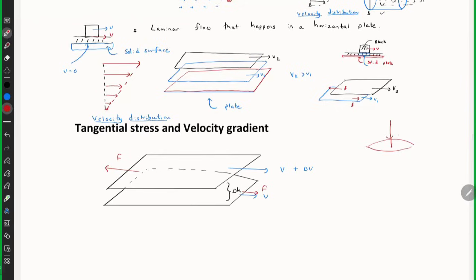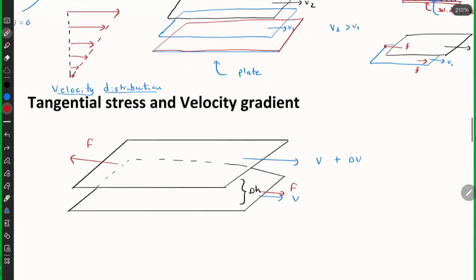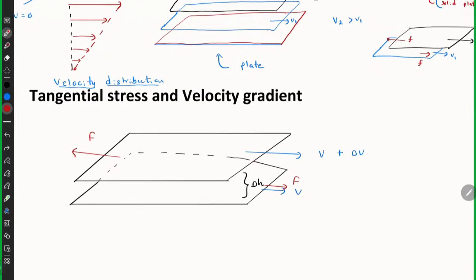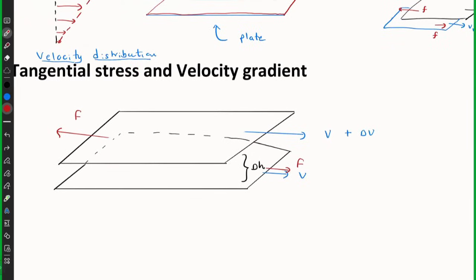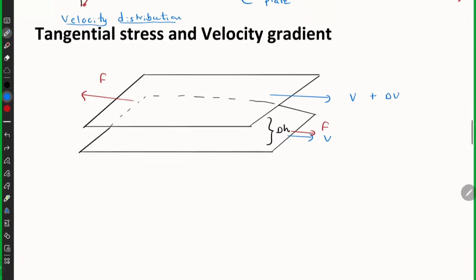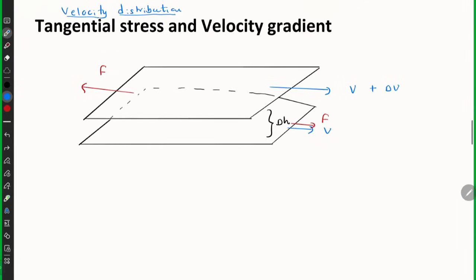When you have a force that is perpendicular to a particular area, we define it as pressure. But now here, the force is occurring parallel, along the area. And then we define a particular pressure called shear, or tangential stress. So what is tangential stress? F over A is defined as tangential stress, right?